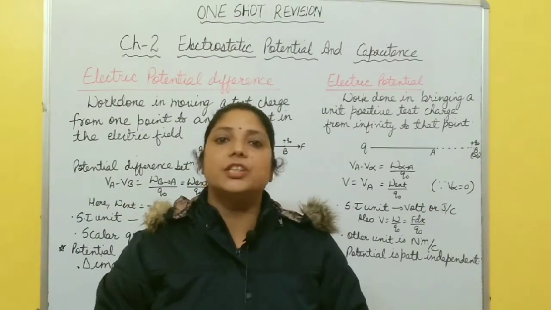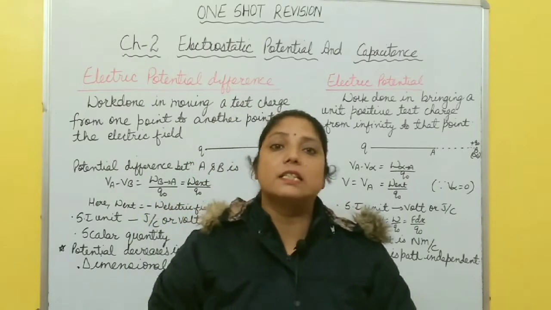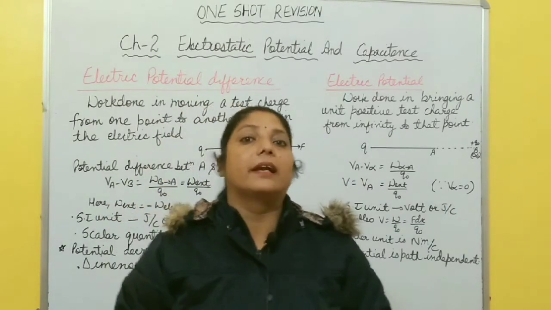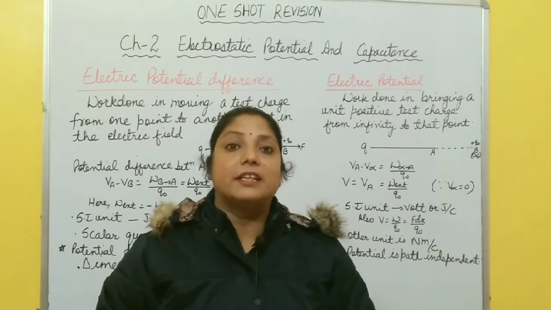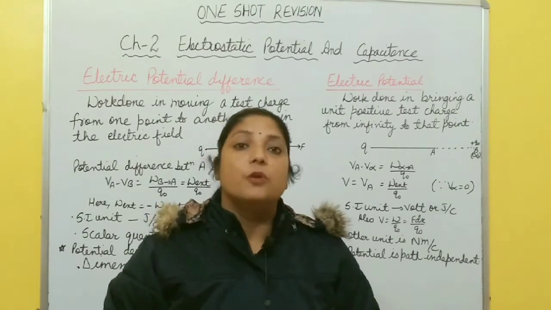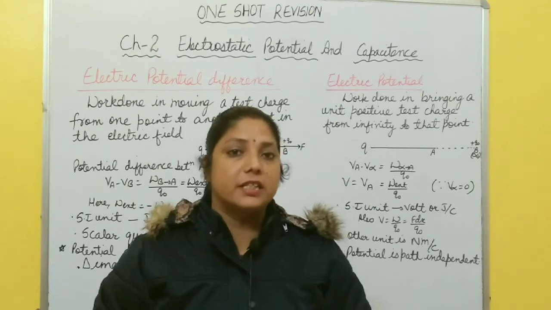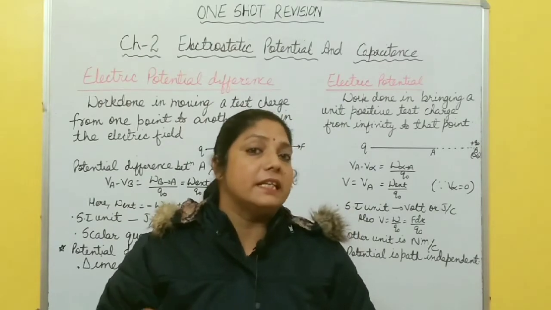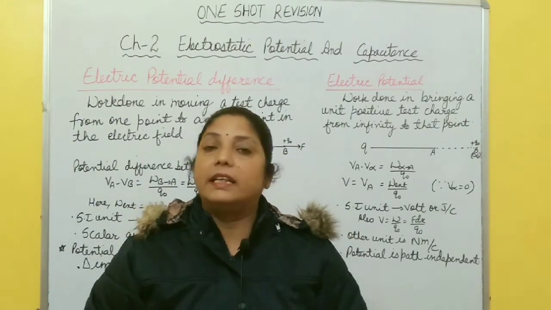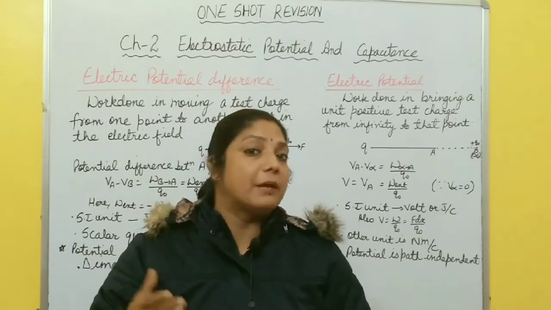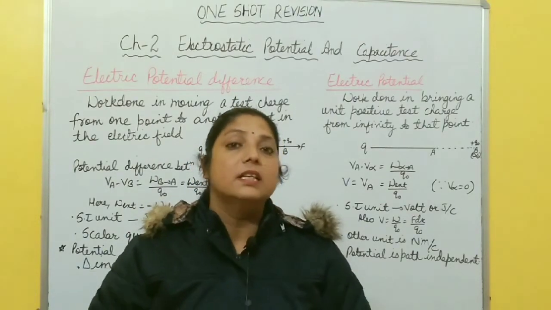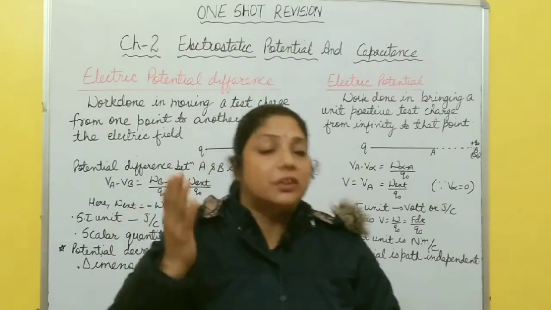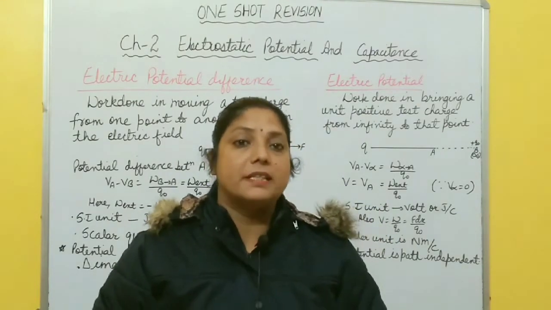So I will cover each and every topic, but still there are some important topics like electric potential due to a point charge, due to an electric dipole, electrostatic shielding, equipotential surface, potential energy for a system of two charges, potential energy or work done by the dipole when it is placed in an external electric field, and in capacitor, expression for capacitance for a parallel plate capacitor, energy stored in a parallel plate capacitor, what happens when a dielectric is introduced between the plates of a parallel plate capacitor, right?